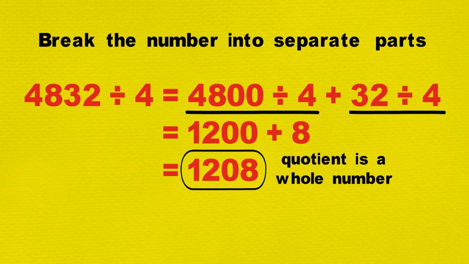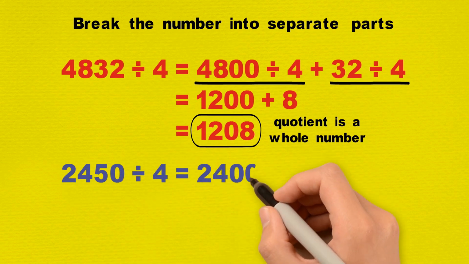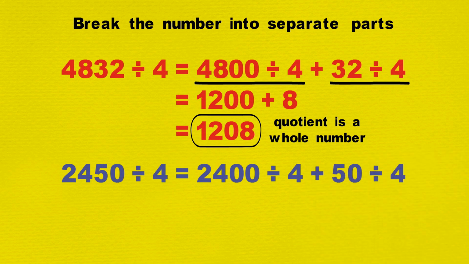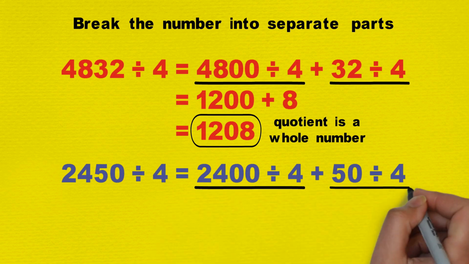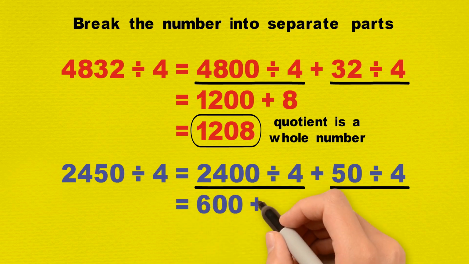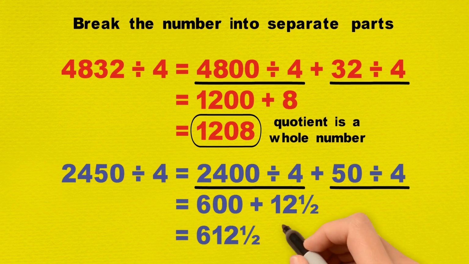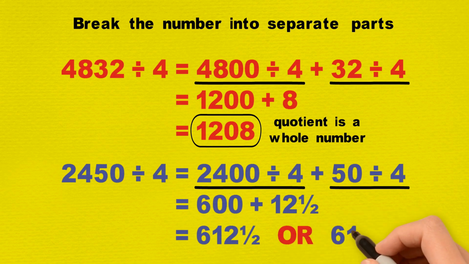Another example of this division method, where the quotient will not be a whole number, is 2,450 divided by 4, which can be separated into 2,400 divided by 4 plus 50 divided by 4, which equals 600 plus 12.5, which equals 612.5 in decimal form.